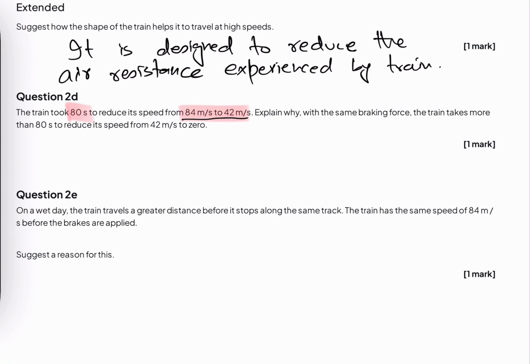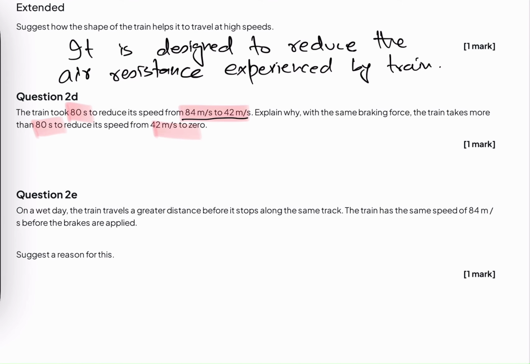So explain why, with the same braking force, the train takes more than 80 seconds to reduce its speed from 42 to 0. Okay, if we see the first and the second scenario, the difference is the same, that is 42 meters per second. But when it goes from 84 to 42 it will take 80 seconds, but from 42 to 0 it will take more time. Okay, we have to explain the reason.